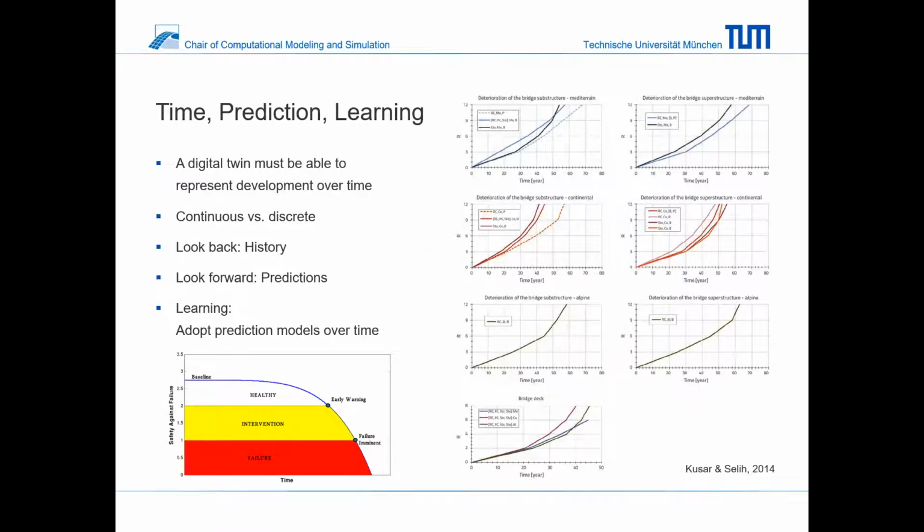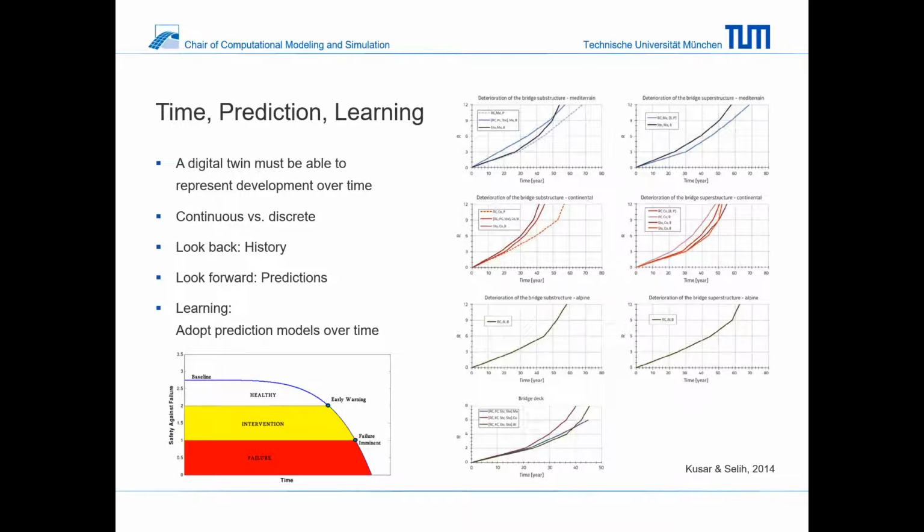Another important component is time, prediction, and learning. So it's very clear that a digital twin has to be able to represent development over time. It has to evolve with the real-world twin. Again, we have to distinguish the modeling of time with respect to continuous versus discrete.